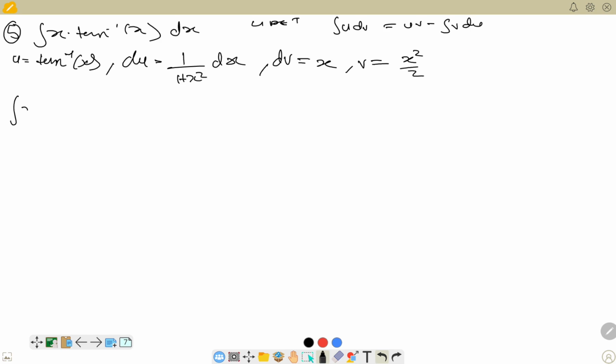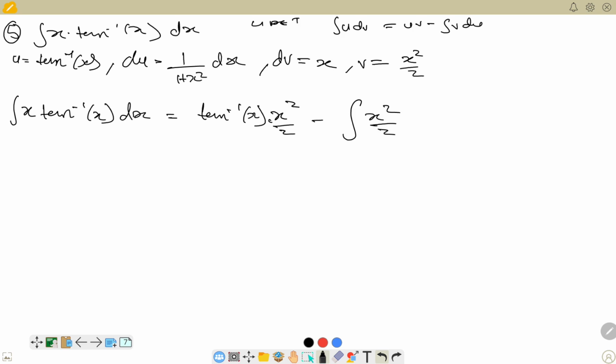So we will have our original integral as it was given in the question, the integral of x arctan x dx, equal to my u, arctan x, times v, x squared over 2, minus the integral of v, x squared over 2, times du, 1 over 1 plus x squared dx.